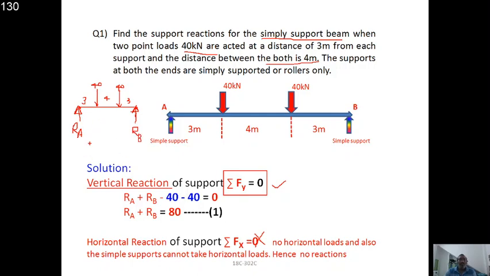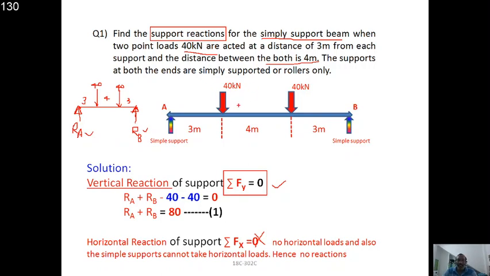Frankly speaking, RA and RB we don't know. They are asking us to find the same thing: what are the support reactions, RA and RB. Hence we need to find these, right? So RA and RB are to be found.